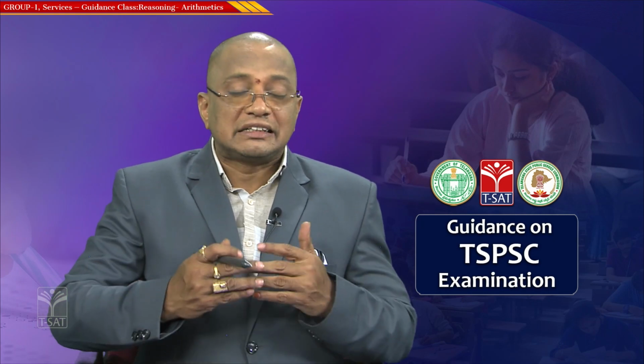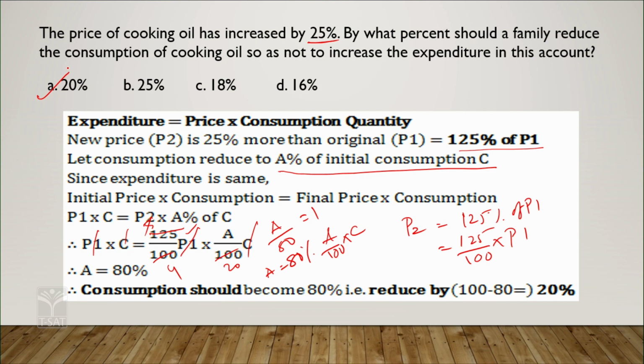So, if the cost price of cooking oil is increased by 25%, you have to reduce the consumption of cooking oil to 80%, means 100 minus 80, that is 20%, means you have to reduce consumption by 20%.